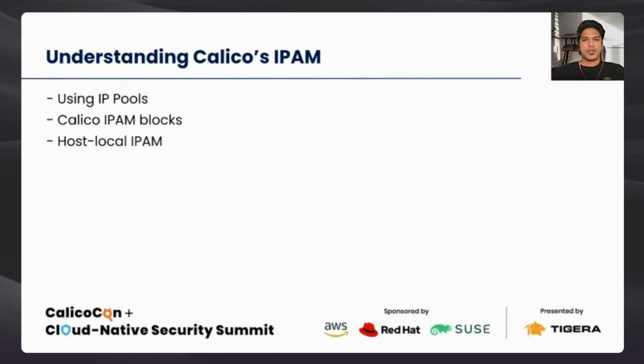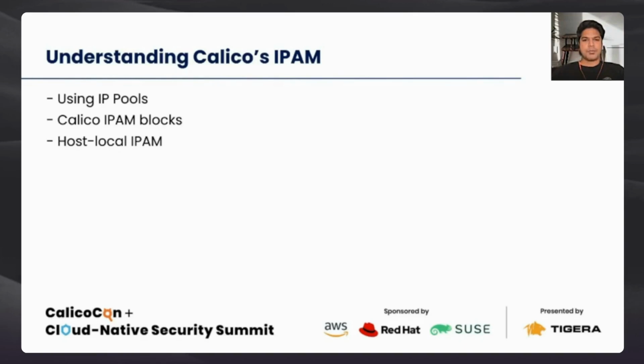IP pools are configured by cluster administrators using calicoctl. If using Calico's overlay mode, they can be any private network IP range. Many users don't use an overlay, however, and in that case, the IP pools must use addresses that are available on the underlying network environment.